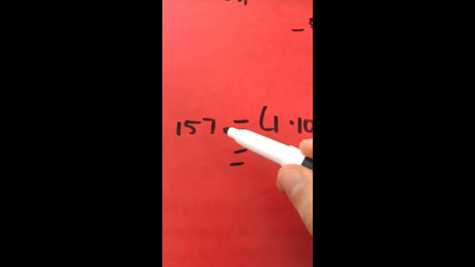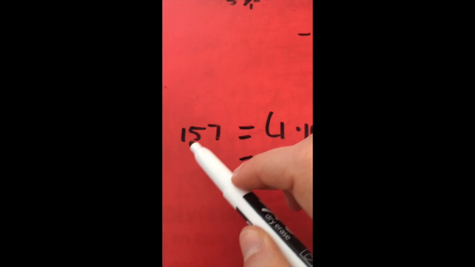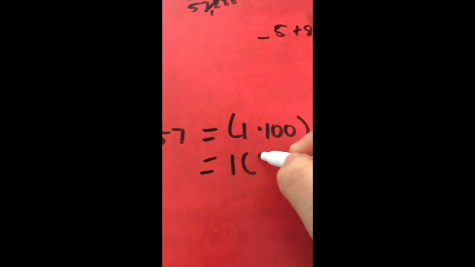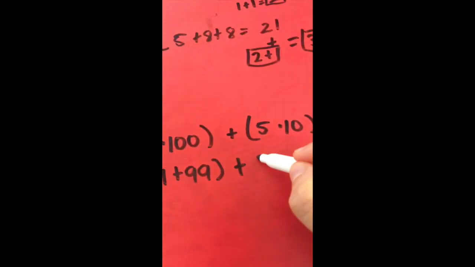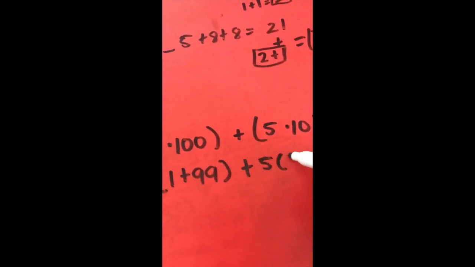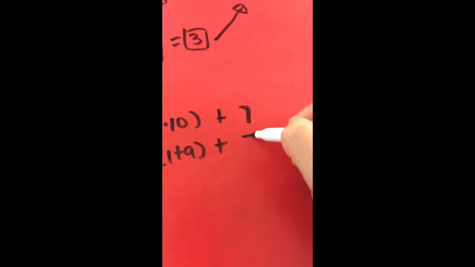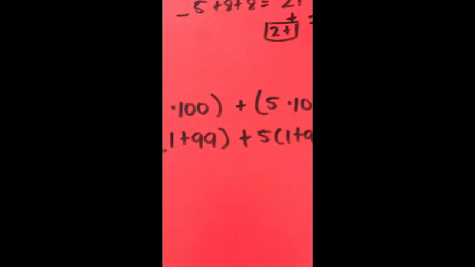What we could really say is 100, like we work in the hundreds place first, is 1 times 99 plus 1. And here it's really 50, the tens place, 5 times 9 plus 5. Plus, that's just 7, because that's still 7, just times 1.